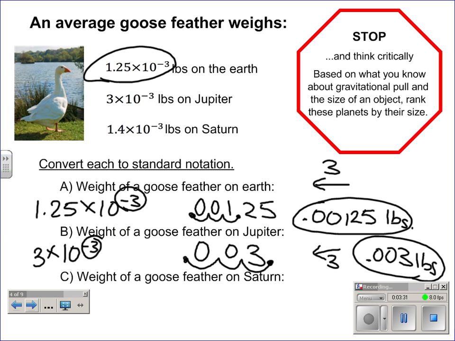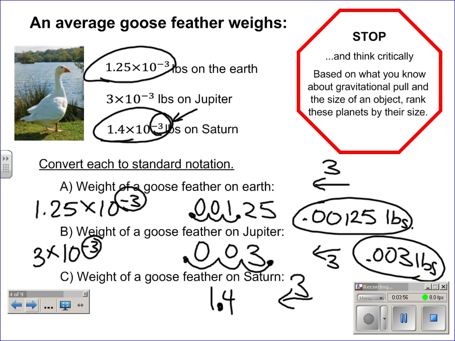And then finally, the weight of a goose feather on Saturn. We start out with 1.4 times 10 to the negative third. So I'm going to write the 1.4. And then I know that I move the decimal to the left 3 times because the exponent is a 3, and because we know we're going to move it to the left because of the negative symbol.